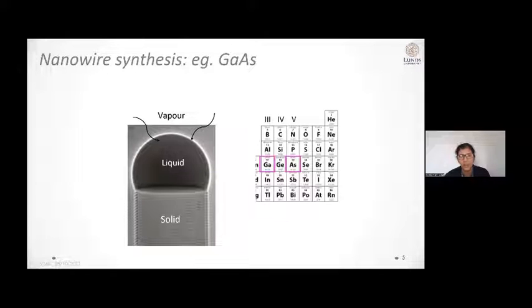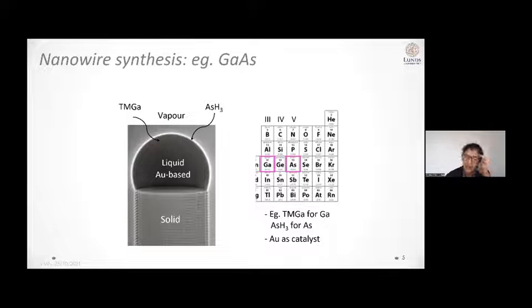If we are trying to grow, say for example, a gallium arsenide material, then we supply a gallium precursor and an arsenic precursor in the gaseous phase or the vapor phase. And then we use gold as a catalyst, or at least we call it a catalyst. And we heat the system and play with the parameters to get these nanowires.